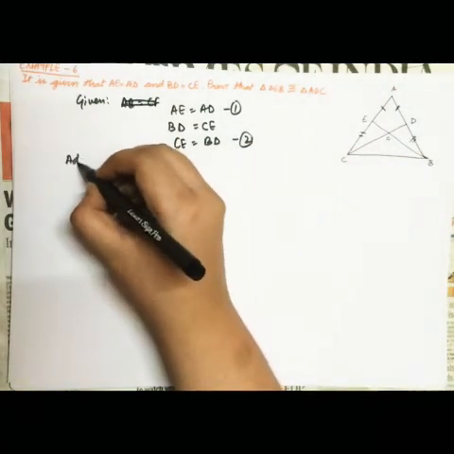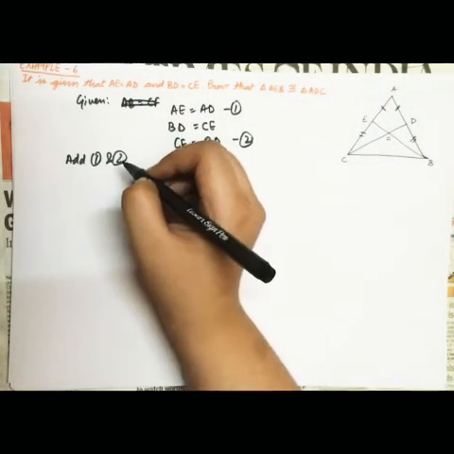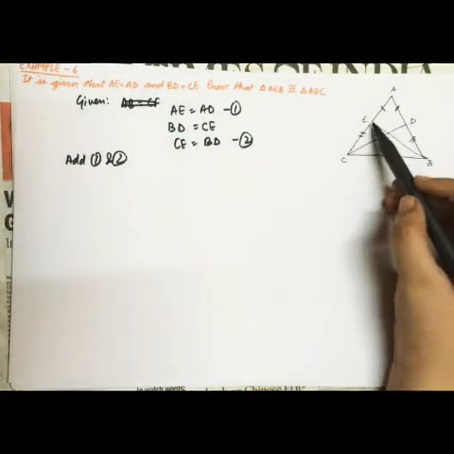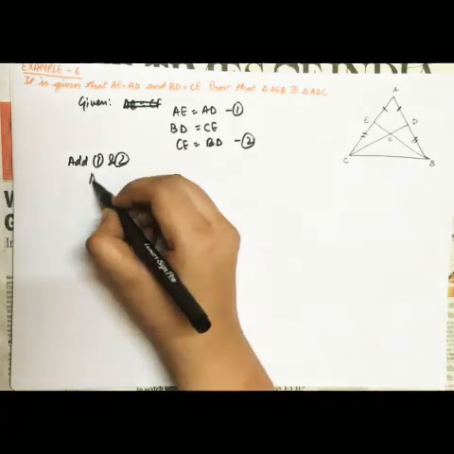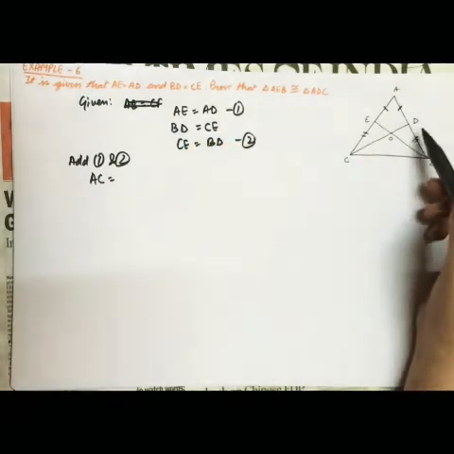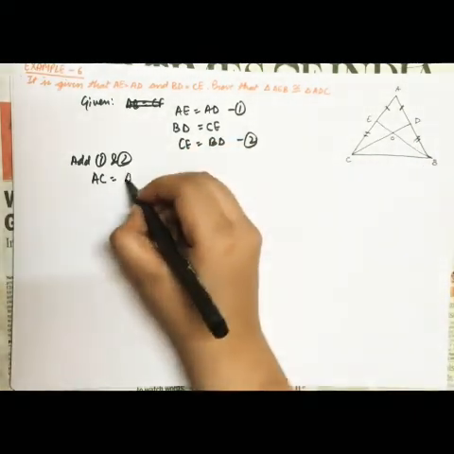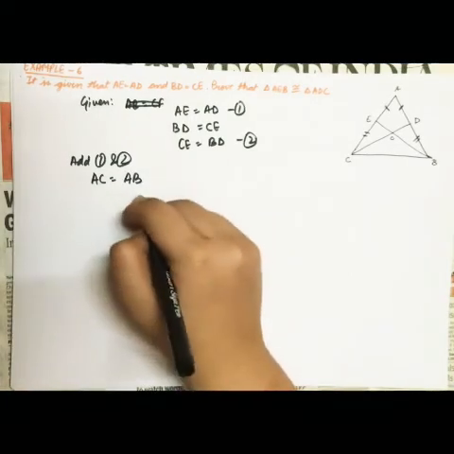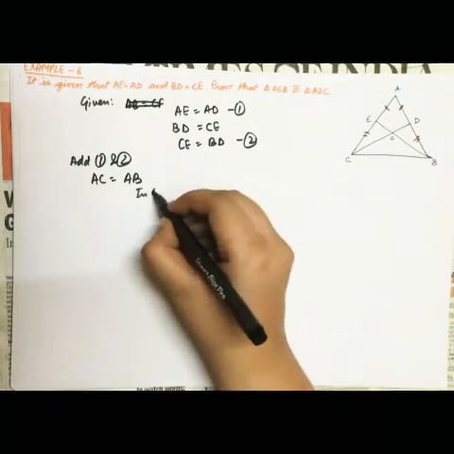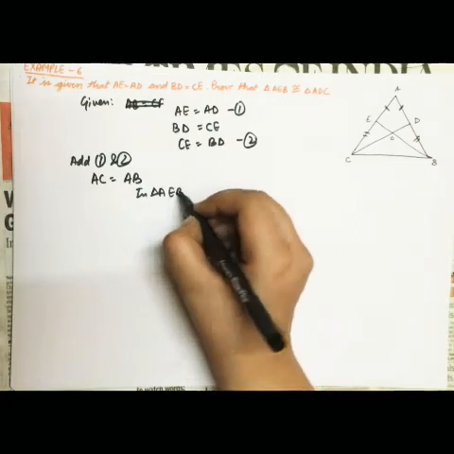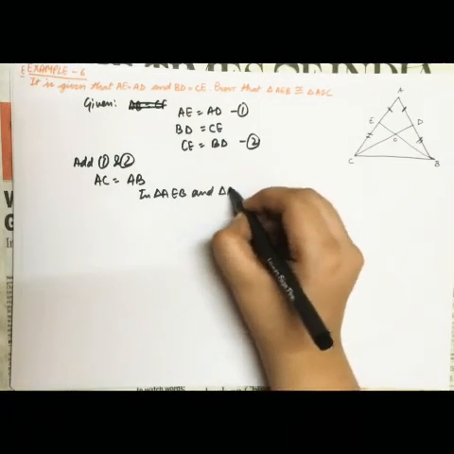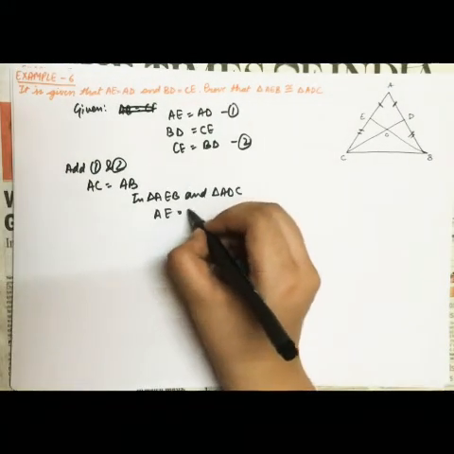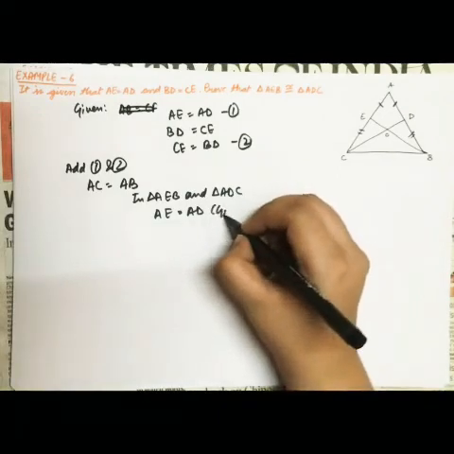Now we will add 1 and 2. So here it will become AE plus CE is equal to AC. Similarly, AD plus BD is equal to AB. So now we can say that AC is equal to AB. Now in triangle AEB and triangle ADC, we can say that AE is equal to AD as it is given to us.